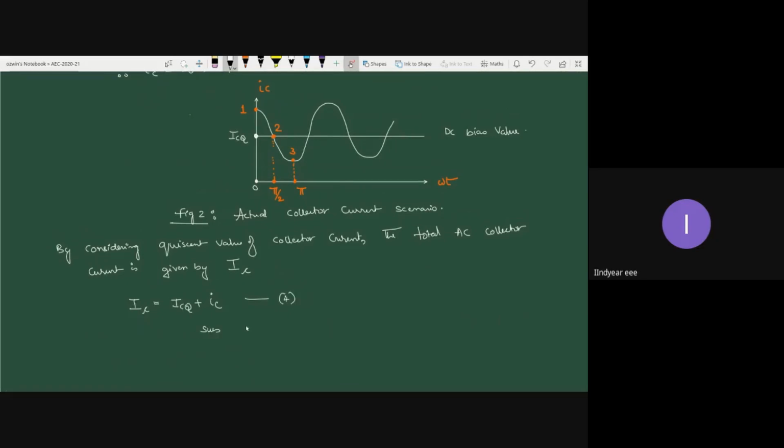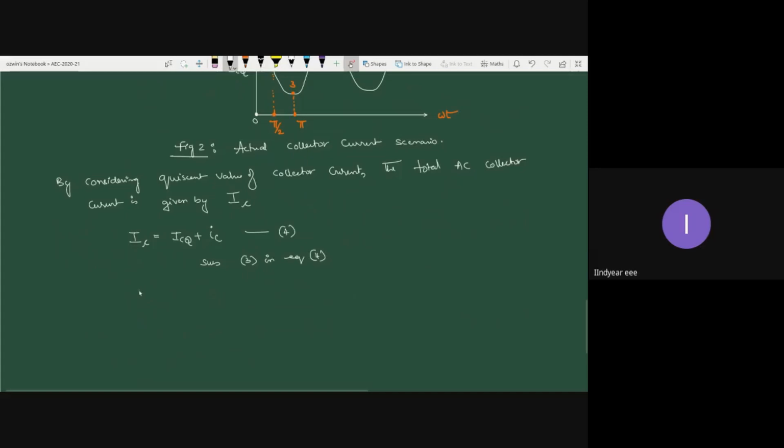Now, substitute 3 in equation 4. So what do you get? You get the total collector current IC is equal to ICQ plus, let me put it inside a bracket, B naught plus B1 fundamental frequency plus B2 second order frequency.